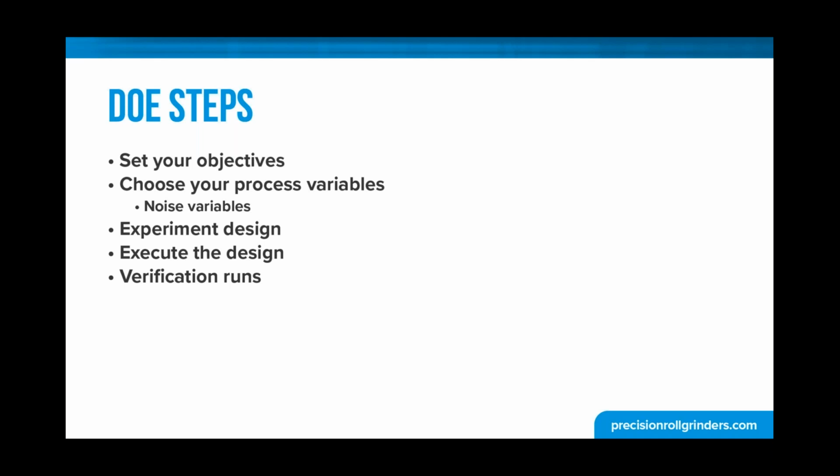Now, the basic steps that are involved in a DOE: setting your objectives. So, self-explanatory. Why are you doing this? What aspect of the process do you want to focus on or improve or find out what variables are affecting it? So again, in a lot of manufacturing processes, you're dealing with very, very complex designs.